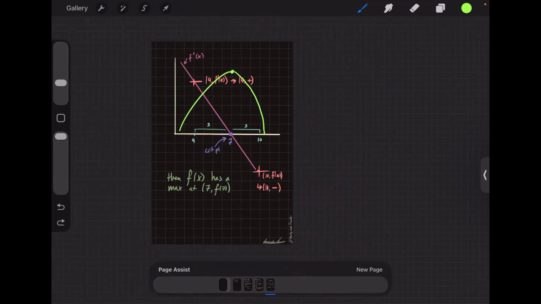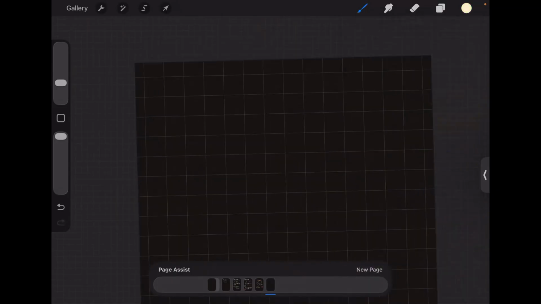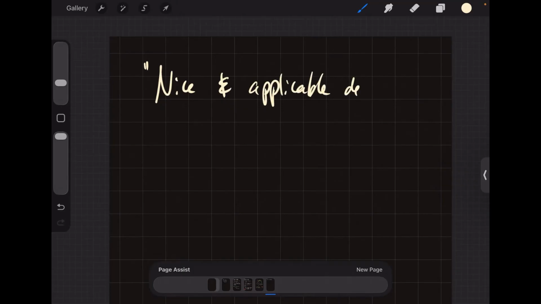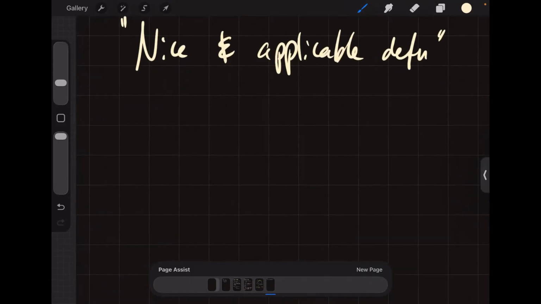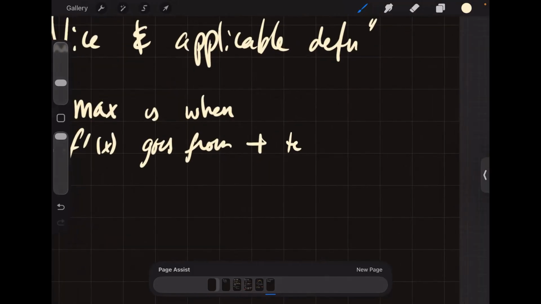Okay. Let's do another one. Actually, let's not do another one. Let's call it a nice and applicable definition. Your max is when f prime of x goes from increasing to 0 to decreasing.